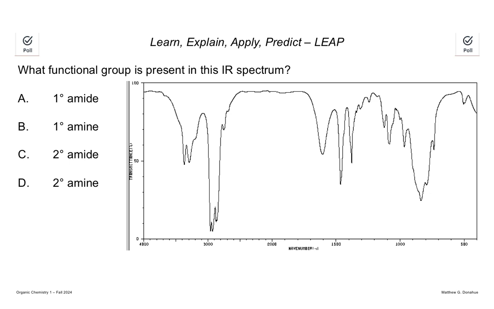So of all of these choices, what I'm going to do first is just draw out what they look like, what we would expect to see for each one, and then do we see something in the spectrum, or if not, can we eliminate it?